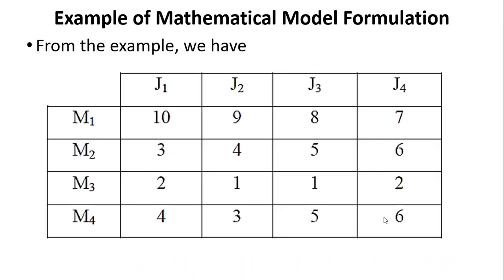So now let's consider an example of this table where we have a number of resources. Let's call these machines, and a number of jobs or tasks. So we have 4 jobs and 4 machines, and these machines have their cost associated by assigning to a particular task.